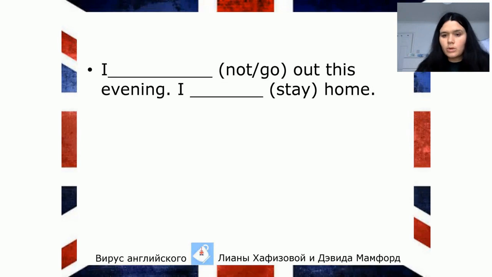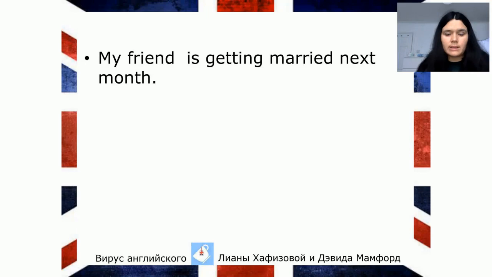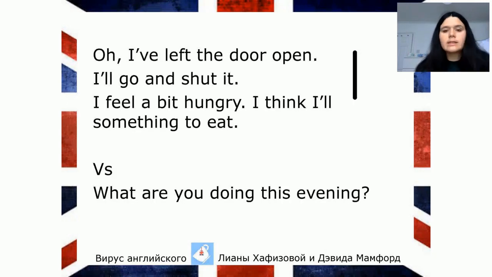So the difference between these examples and our previous one is that this is something that is happening either almost right now but still in the future, or it's been decided and arranged before, like my friend is getting married. If you remember this example, my friend is getting married, and use it as your guide for the next examples, you'll be making correct choices most of the time. Can you see the difference between these examples?